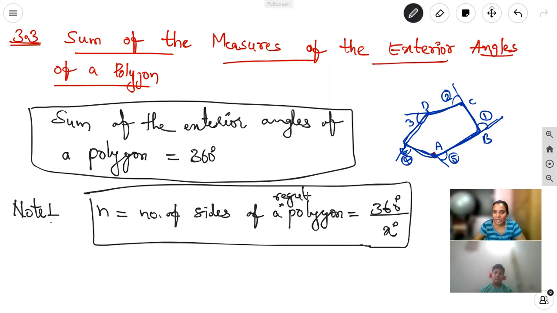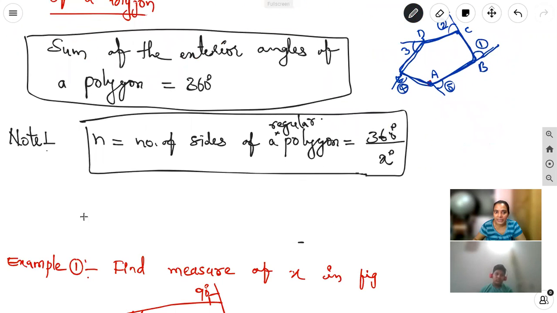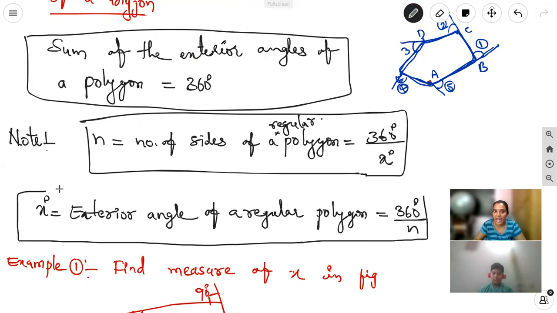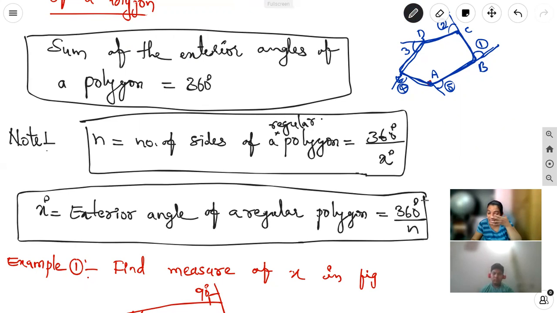In the same way, if we want the exterior angle of a regular polygon, it is equal to 360 degrees by n, where we know the sides. Why? Because each and every exterior angle is equal in the regular polygon.